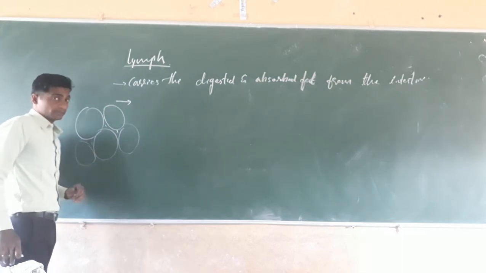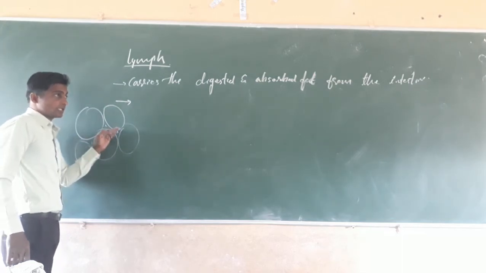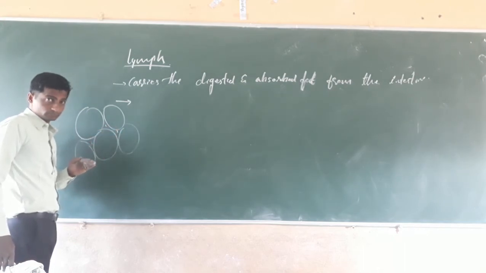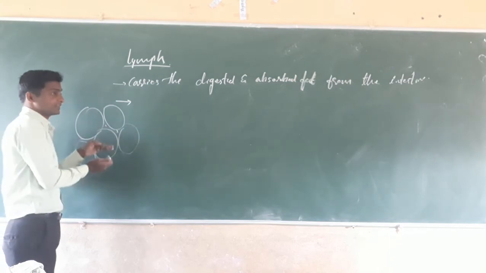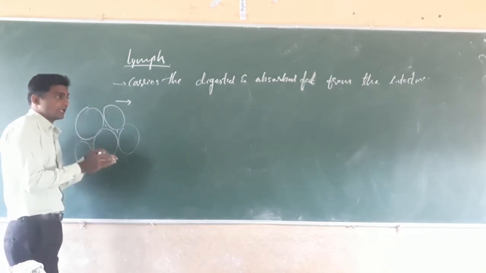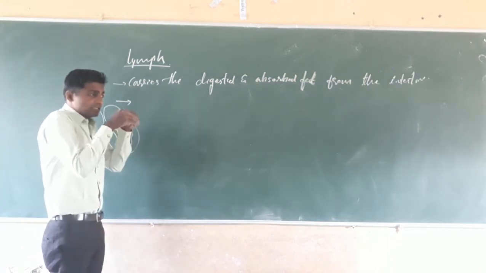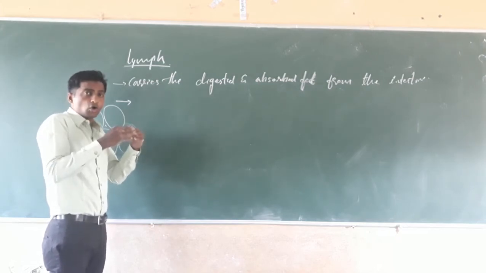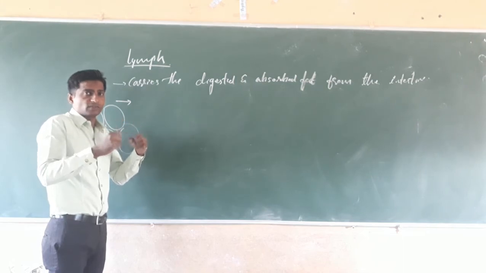By which what happens? It acts like a shock absorber also. In between the cells, whatever the space is filled, in that space that lymph fluid gives a shock absorber, or gives a support to the cells.